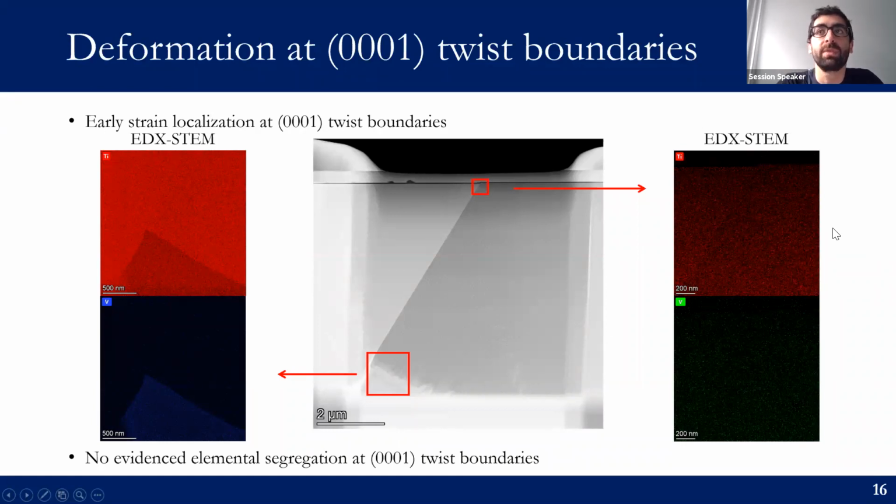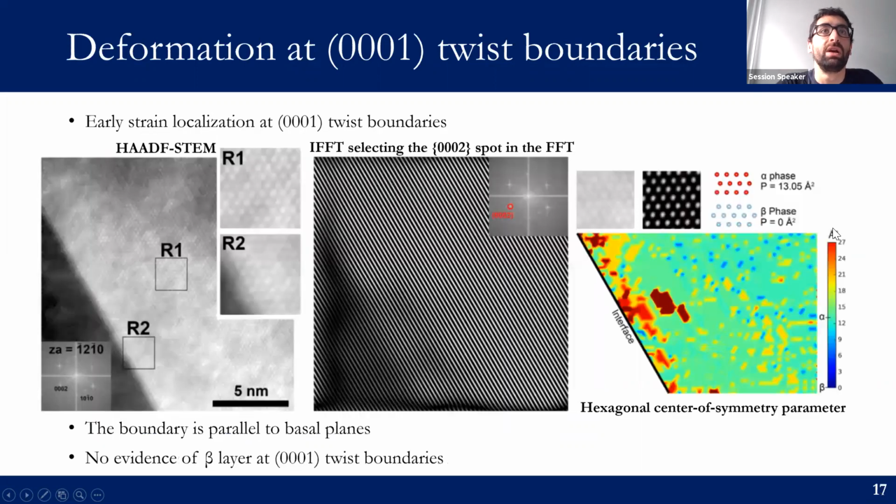Additional characterization of the grain boundary structure was carried out using high-resolution TEM observations. A high-angle annular dark field micrograph is presented on the left-hand side of this slide. Magnifications of regions R1 and R2 are presented here.